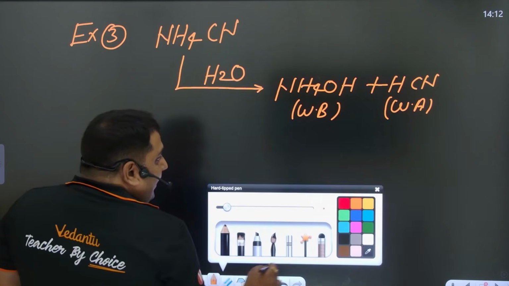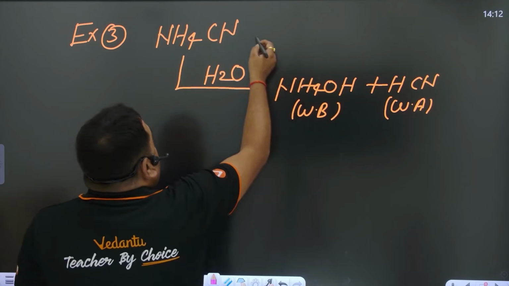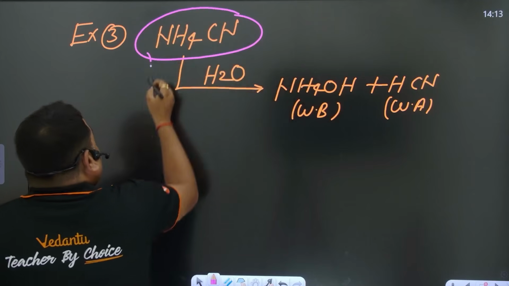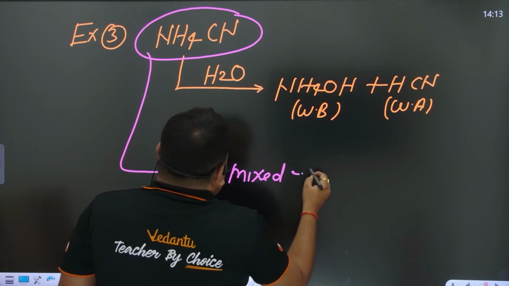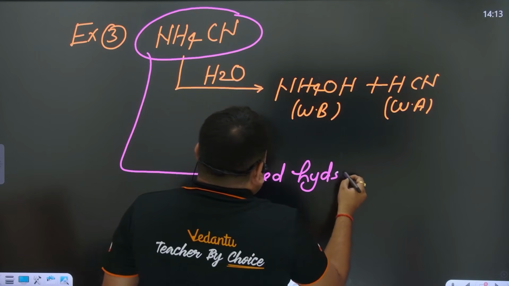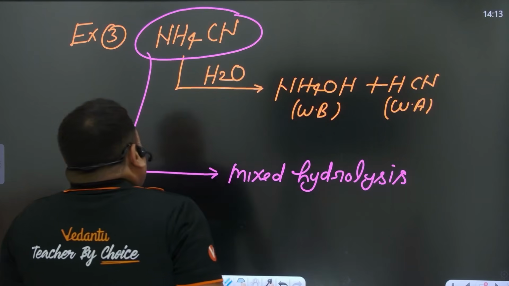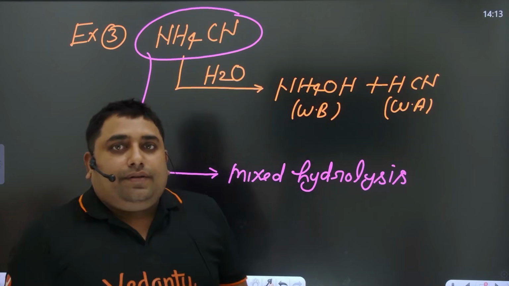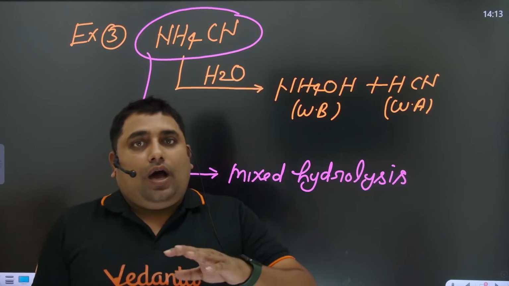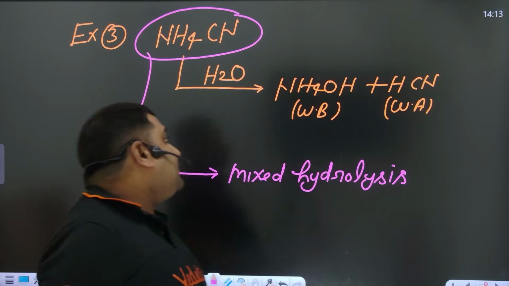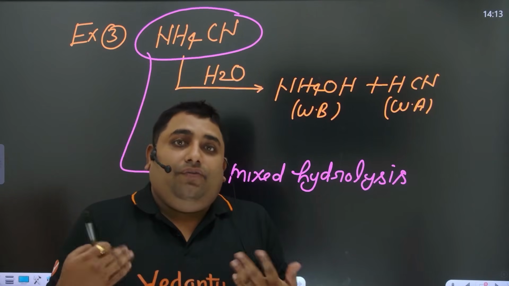So we can say in this situation, mixed hydrolysis is taking place. So what is the concept of mixed hydrolysis? If acid and base both are weak, in that case mixed hydrolysis is taking place in that given salt.